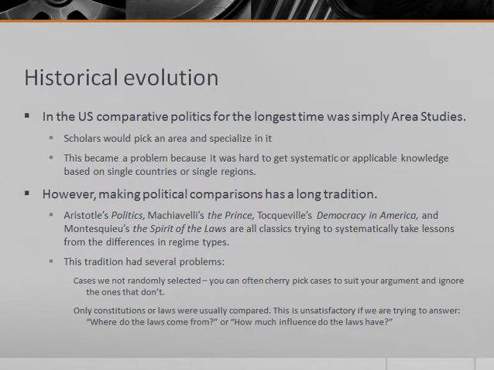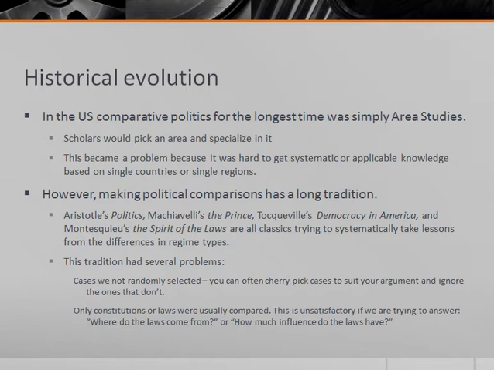And so a lot of people sort of retreated to perhaps an older tradition of making political comparisons between countries and doing so more or less systematically. So if you are a student of the classics, you've read Aristotle's Politics, or Machiavelli's The Prince, de Tocqueville's Democracy in America, or even Montesquieu's Spirit of the Laws.